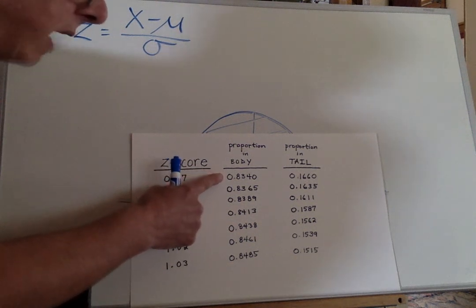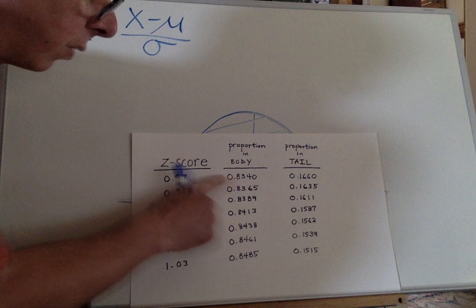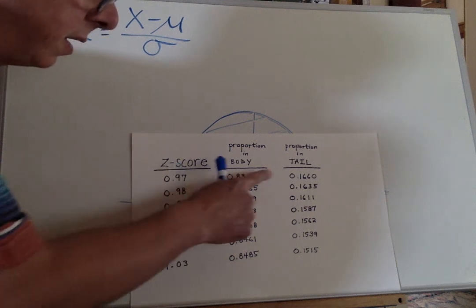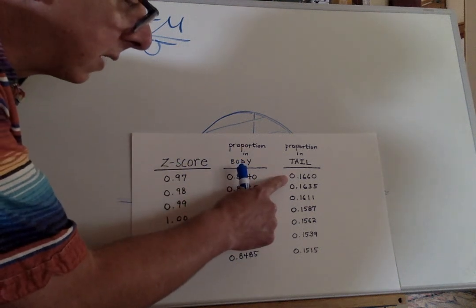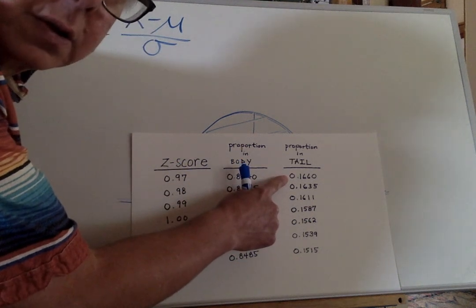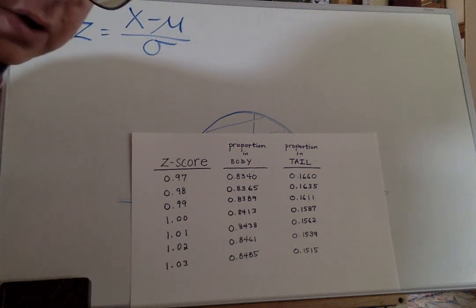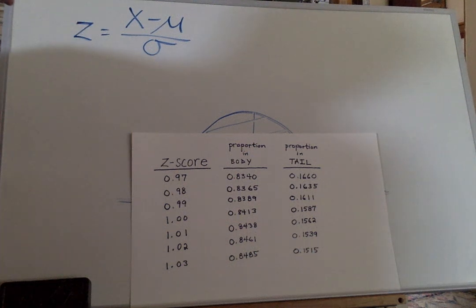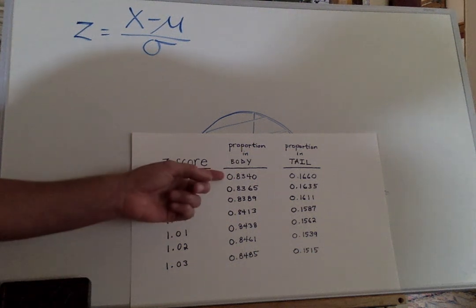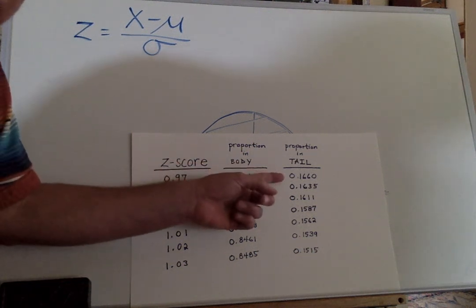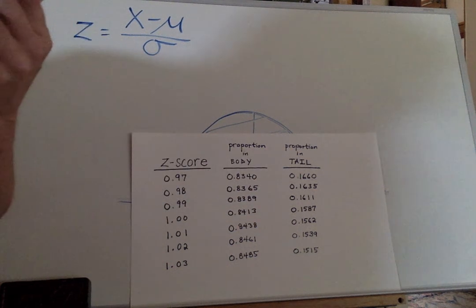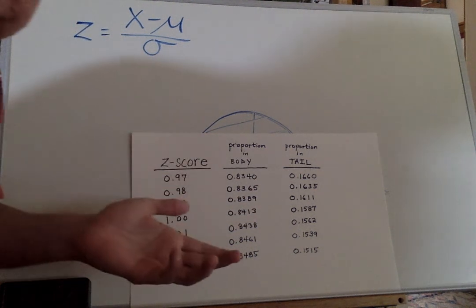So this could be read as 83.40%. This is 16.60%. Okay. Now what you should notice, or what I'm going to ask you to notice, is that if we add the body to the tail, what do we get? The whole dog.